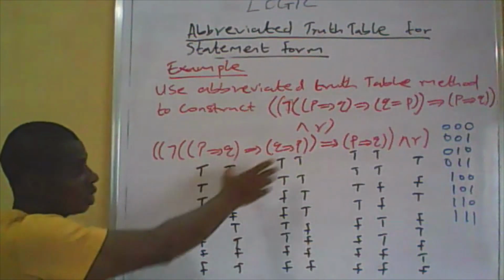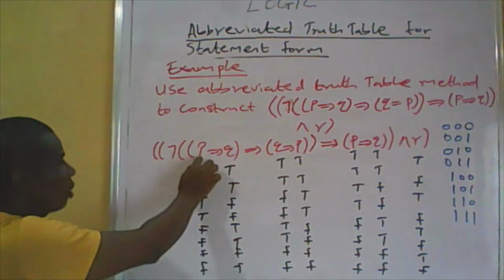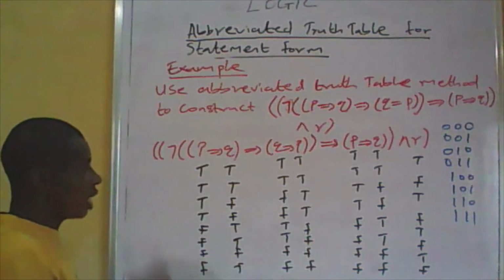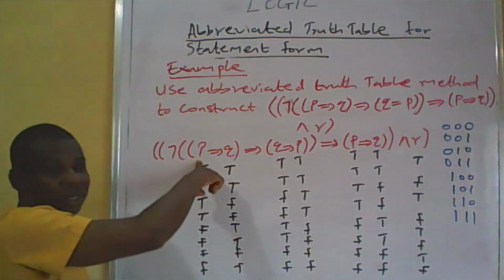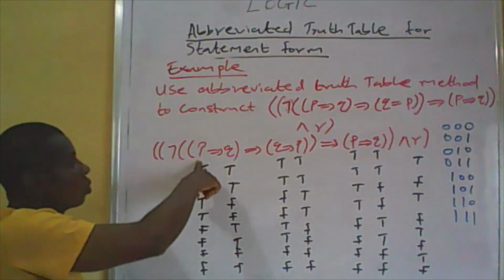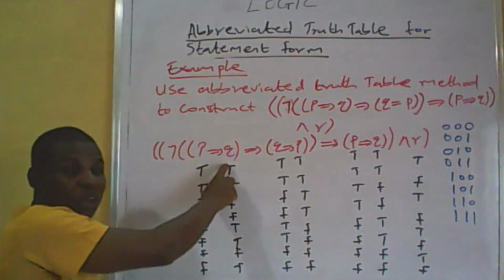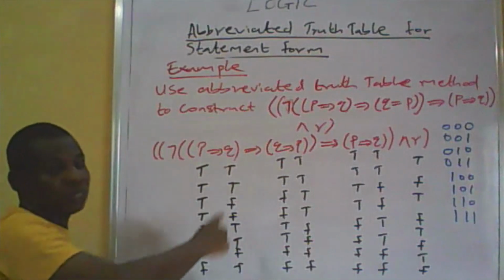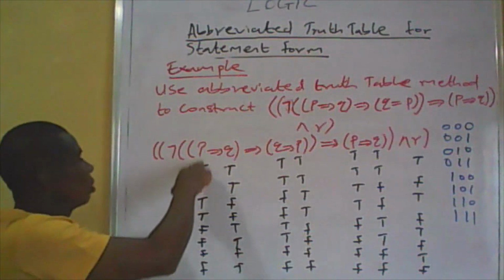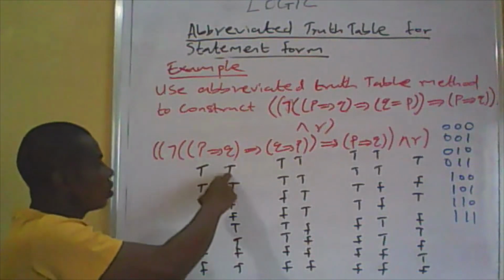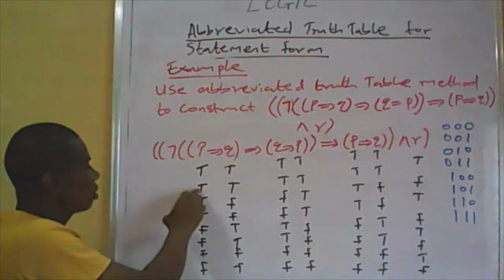P implies Q is false only when the antecedent is true while the consequent is false. So here we have P is T, Q is T. Otherwise, it's true.